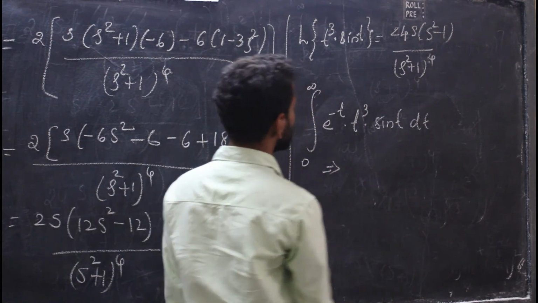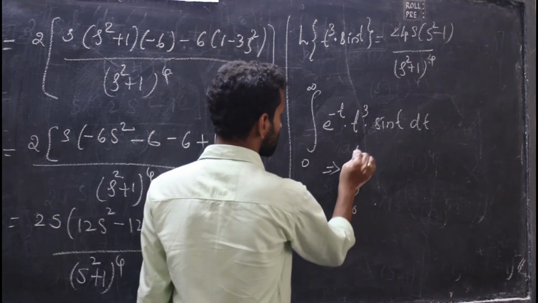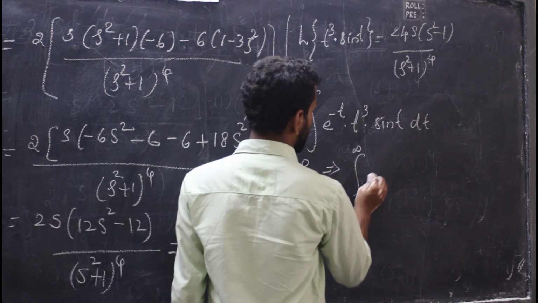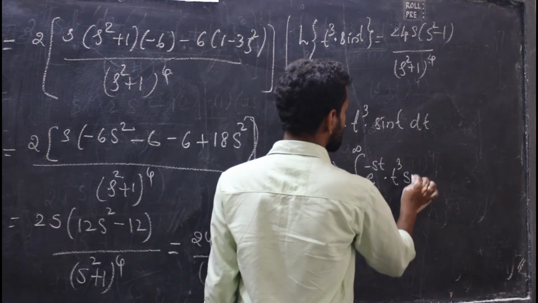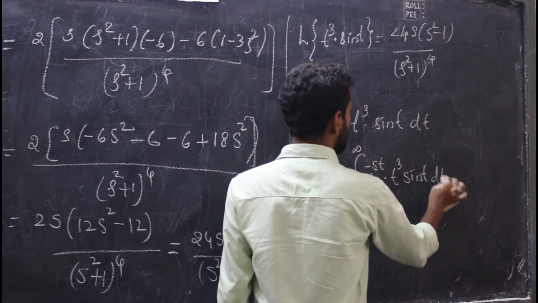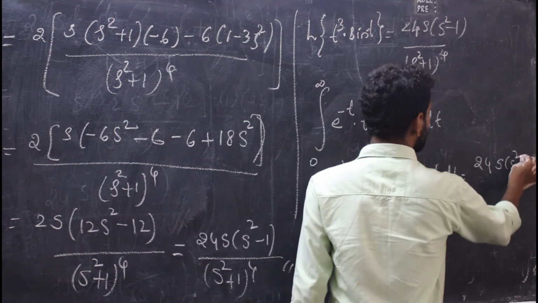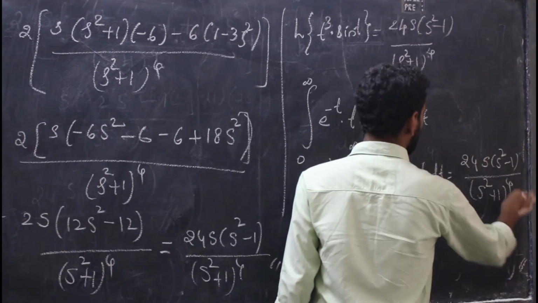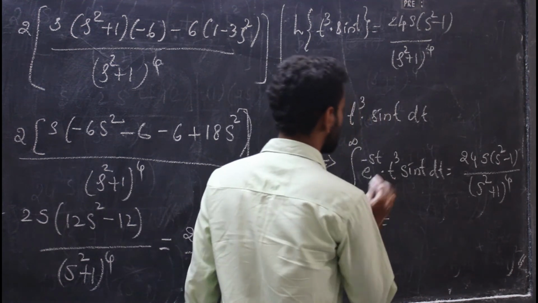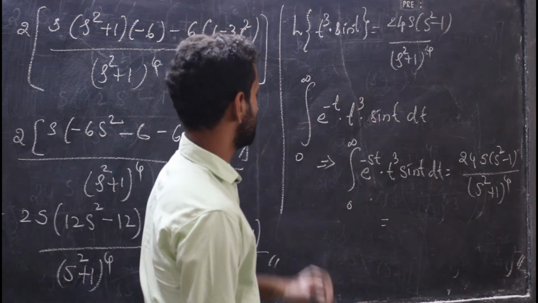To write this, first let me write a standard form of this. The standard form of integral 0 to infinity e to the power of minus st into t cube sin t dt, I can write it as 24s into (s square minus 1) divided by (s square plus 1) whole power 4. So now compare this standard equation with what I have in the question.